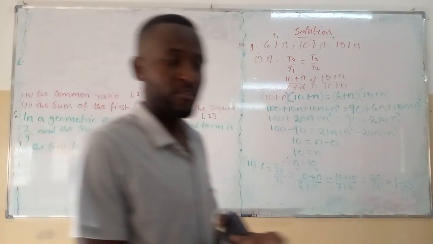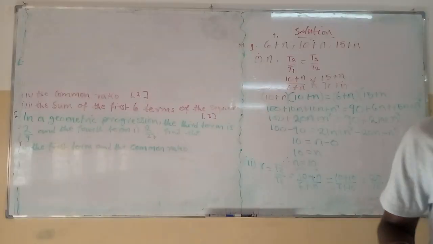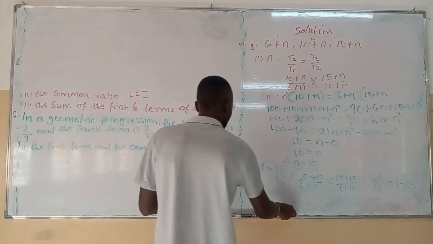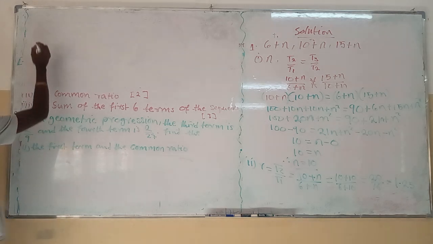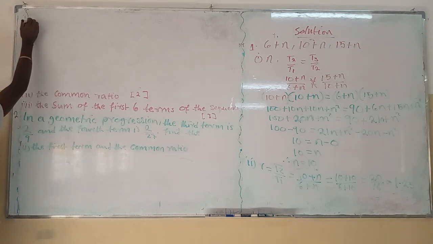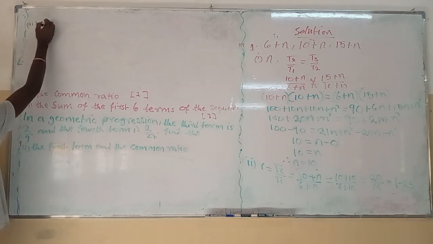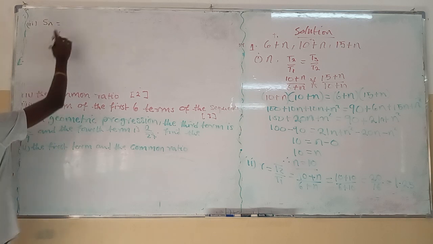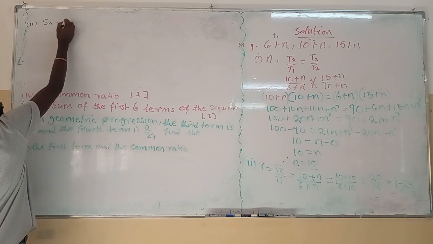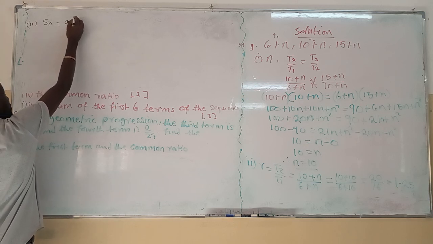So what is the formula for finding the sum? Okay, now we are answering question number 3. If I want to find the sum, the formula is sum is equal to, okay, in this scenario we are going to use the first one, the first term.